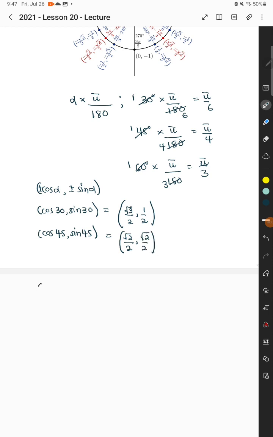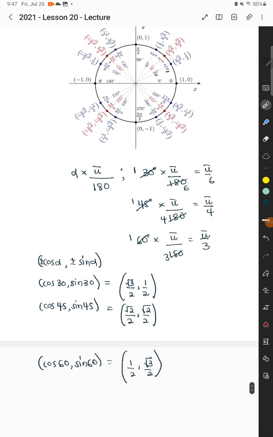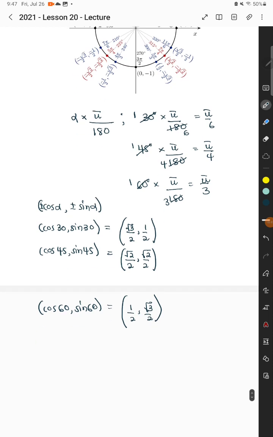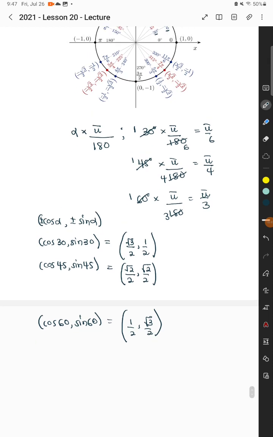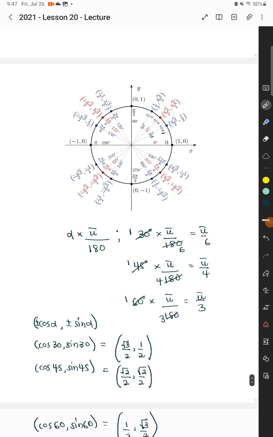And for cosine 60, sine 60, we had 1 over 2, comma, root 3 on 2. So it is only these 3 points that have been reflected about the y-axis, about the x-axis, and about the origin to get us this diagram over here.